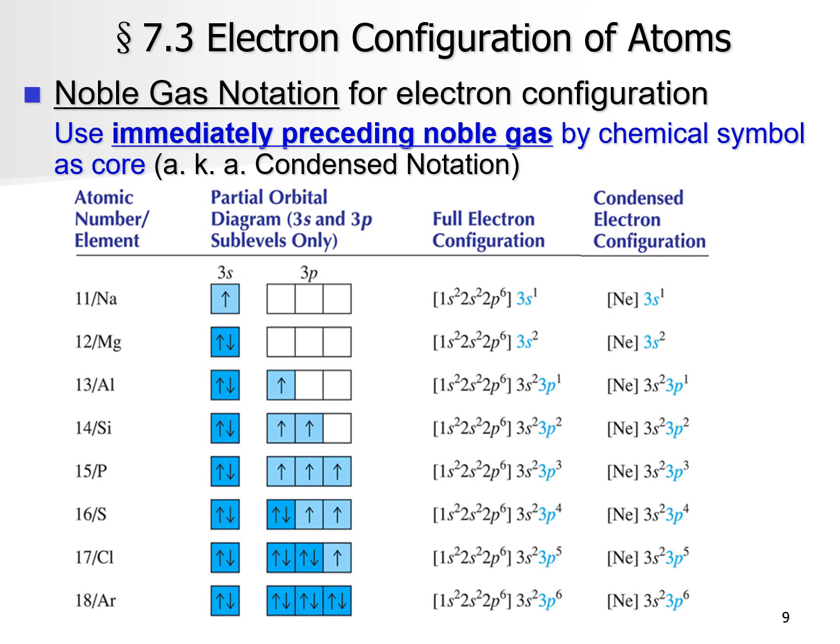That means if we look at those elements in the third period, we only use neon, because neon is the immediately preceding noble gas, not helium. So the rule of this condensed electron configuration tells us we have to use the noble gas element that is at the end of the period right above such element.